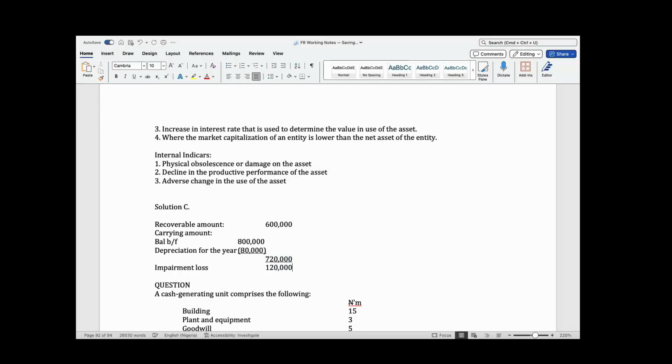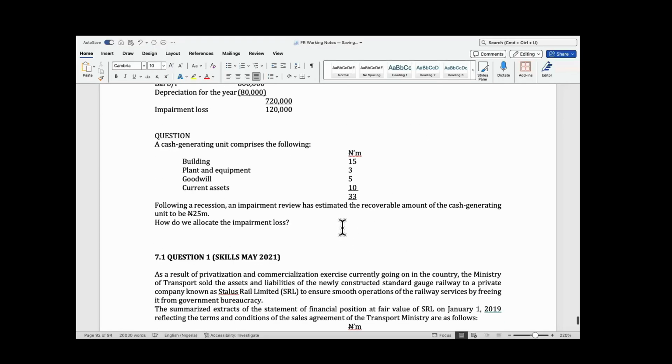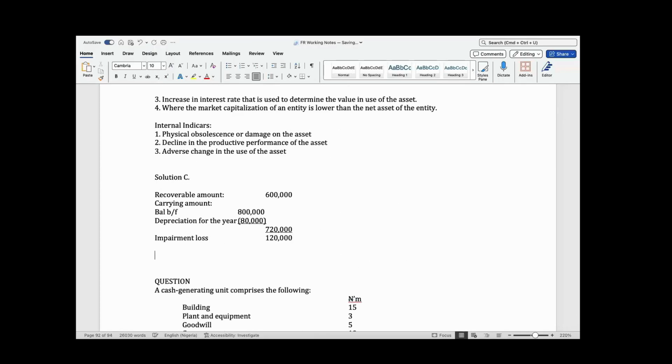So we are asked, as they said, you as the finance manager, explain with relevant computation the accounting treatment. So I've done my calculation. I need to explain.